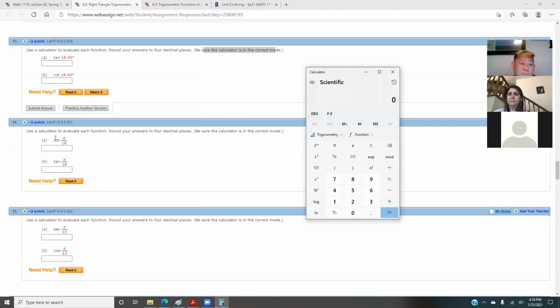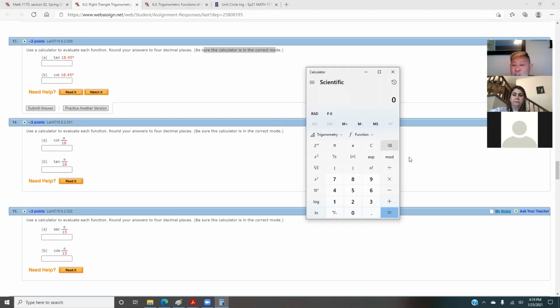So if you try to type question 14 in degree mode, your answer is wrong. So you have to change it into radian mode. For the calculator I have here, you just click here and change to RAD. For your calculator, you should have a mode button. When you press the mode button, you get 3 choices: one is DEG, one is RAD, and one is GRAD. That's gradient. So we don't use gradient. We just do radian. And then you just type.